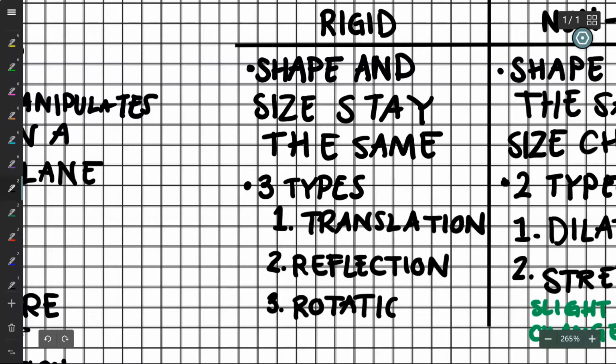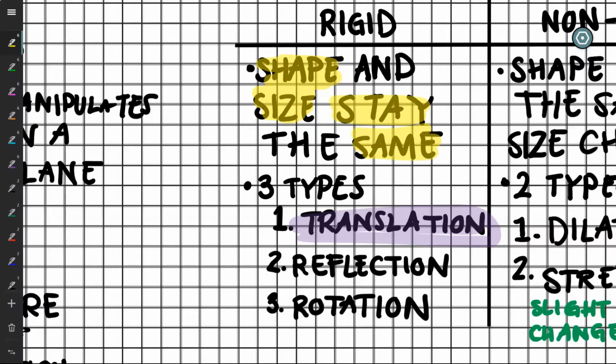We're going to learn about all 3 of these, but today we're focusing on translations. Circle that and highlight. Just a quick reminder, in rigid transformations our shape and size stay the same. That means the shapes we're working with are going to move around our coordinate plane, but they're not going to change their shape.